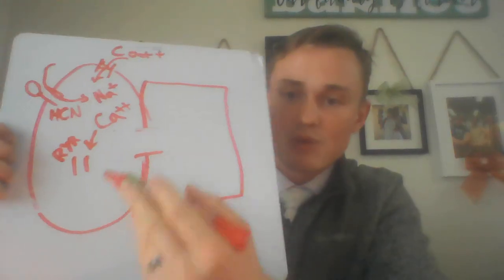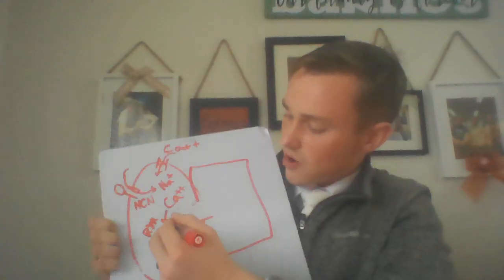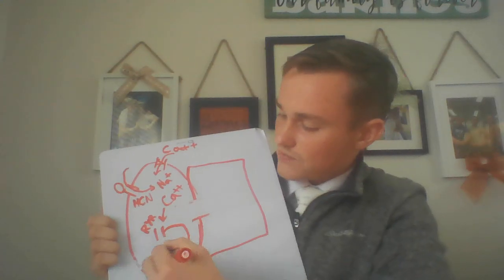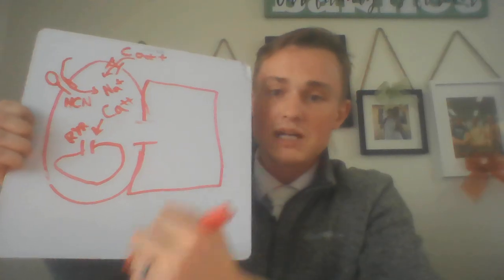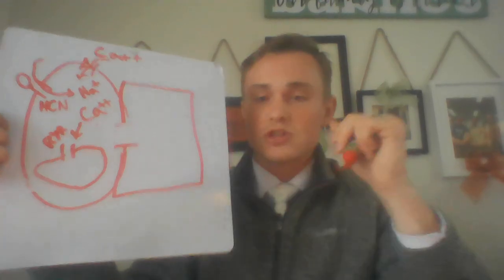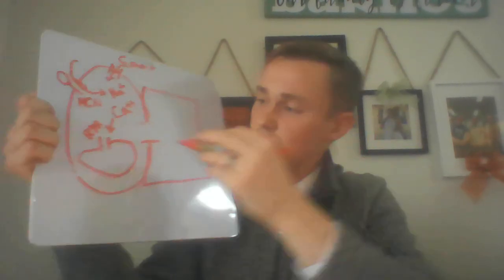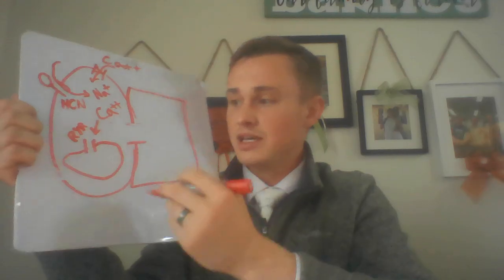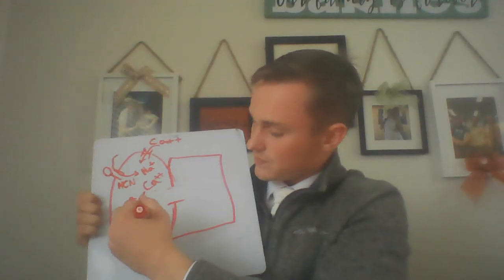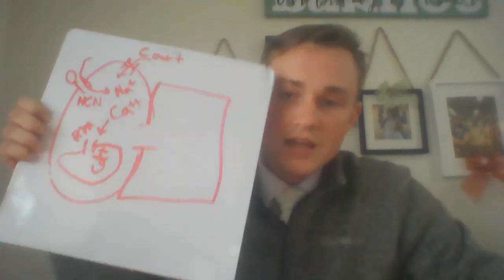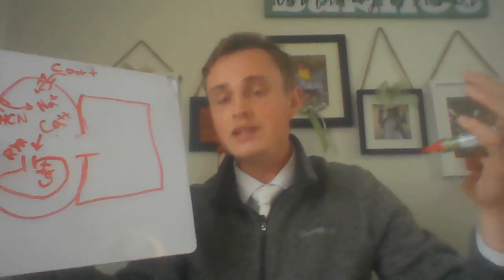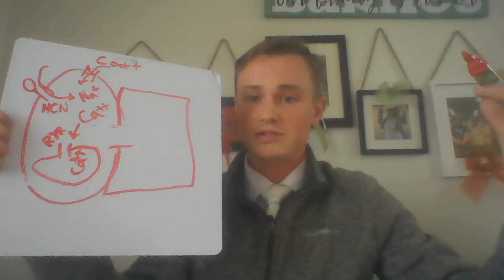Now you notice I drew it right in the middle of the cell, and that's because the RYR is actually found in what is known as the SR, or the sarcoplasmic reticulum. The sarcoplasmic reticulum, just like in skeletal muscle, is responsible for the storage of all the cell's calcium. And calcium, as we've already noted, is essential for contraction.